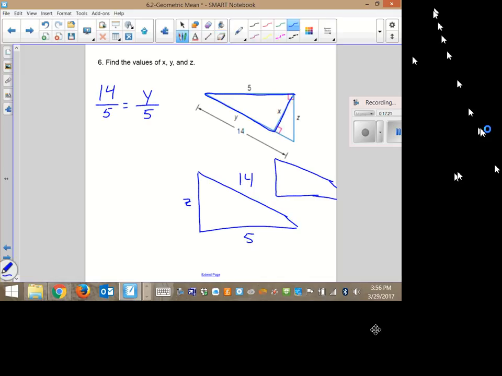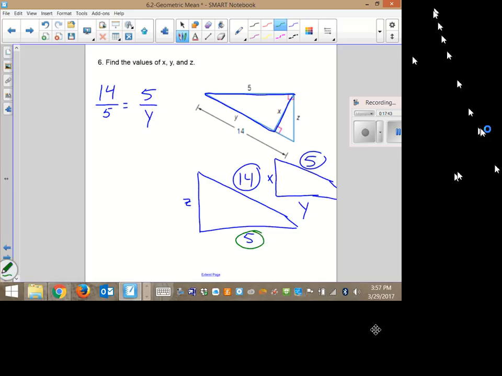So then my bottom is my y, my hypotenuse is my 5, my side is x. So I can take my 14 over my 5, and then, sorry, I want this to be 5 over y.